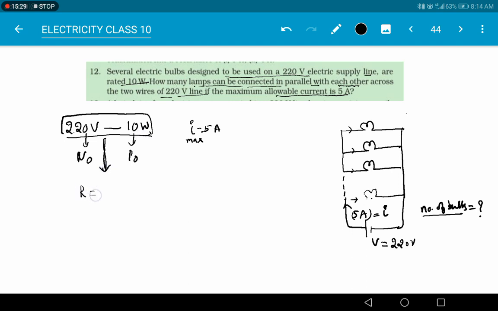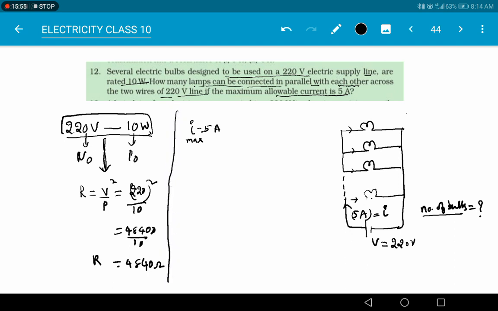So R is equal to V square by P, we can write, 220 whole square by 10. So 48400 by 10. So 4840 ohms is the resistance of each bulb. So the bulbs are connected in which combination?